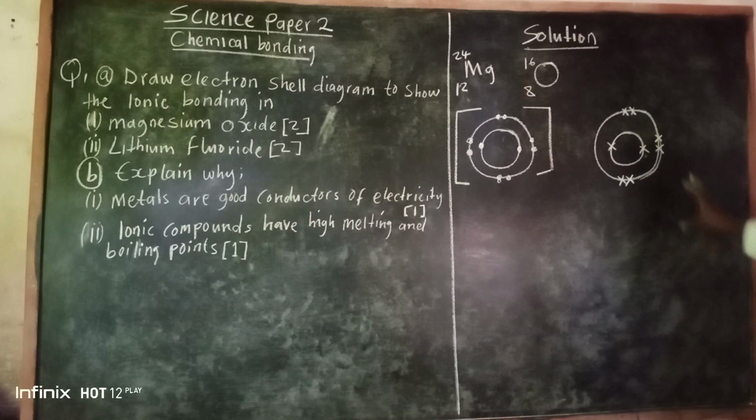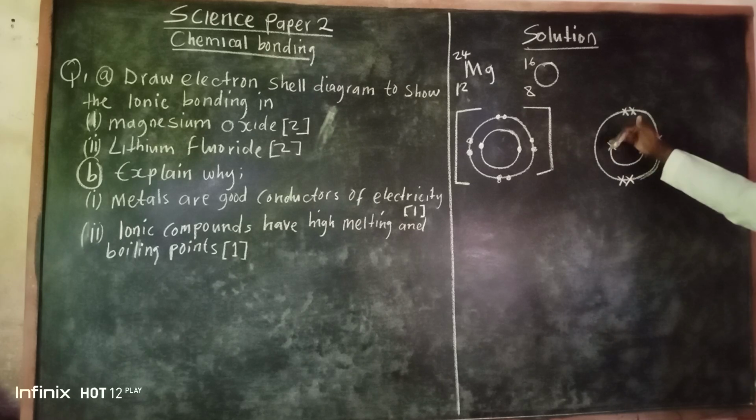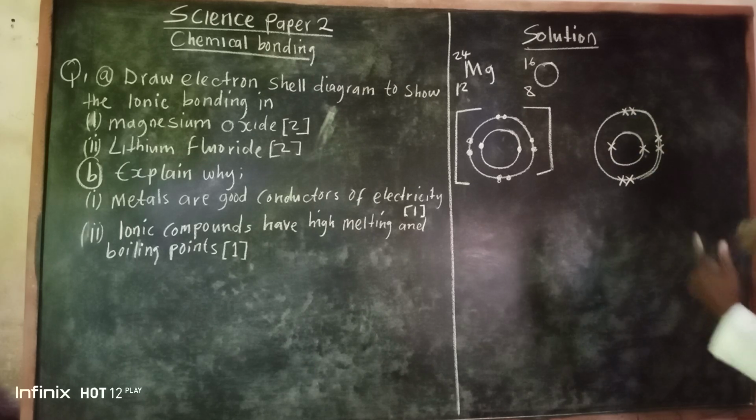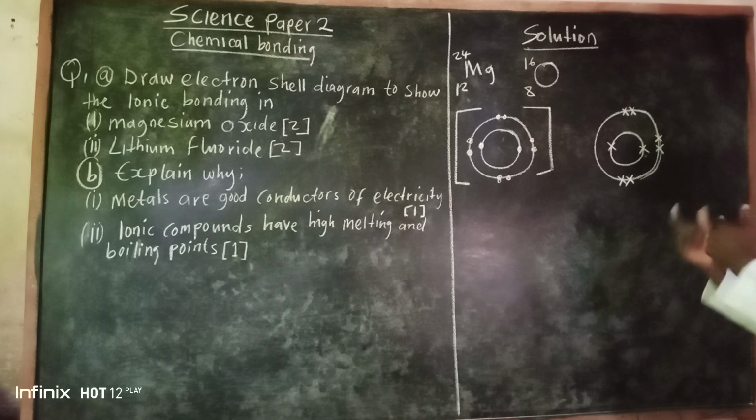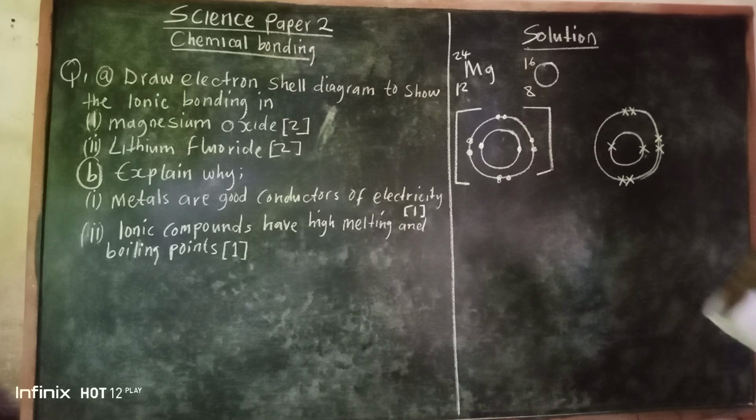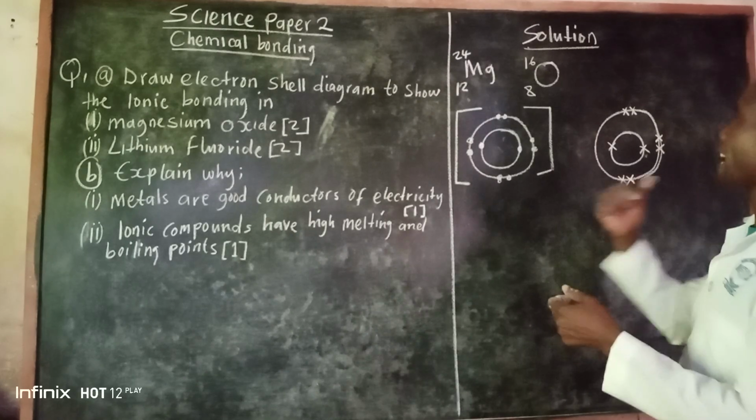Now it means this element is not stable. Why? Because it still needs 2 electrons to be stable. Now that it is reacting with magnesium, which has got 2 electrons in its outermost shell, we are going to transfer those electrons, because in an ionic bond, electrons are transferred from the metal element to a non-metal.